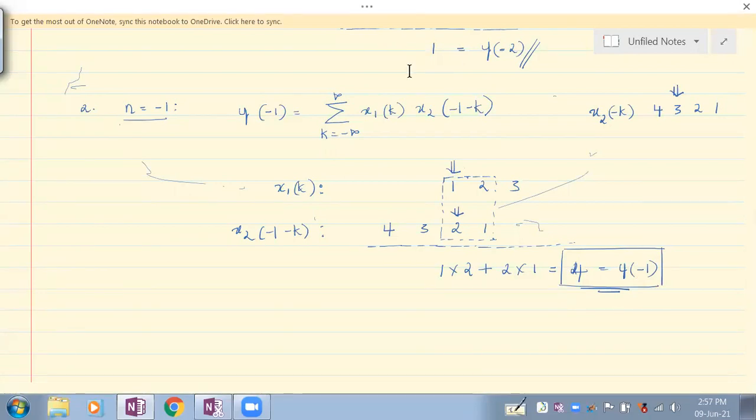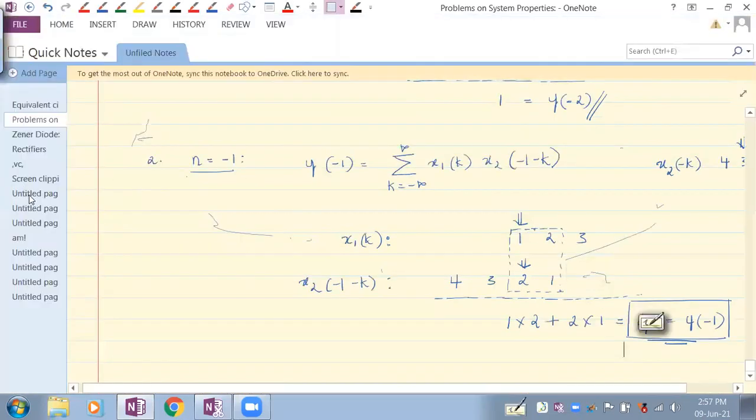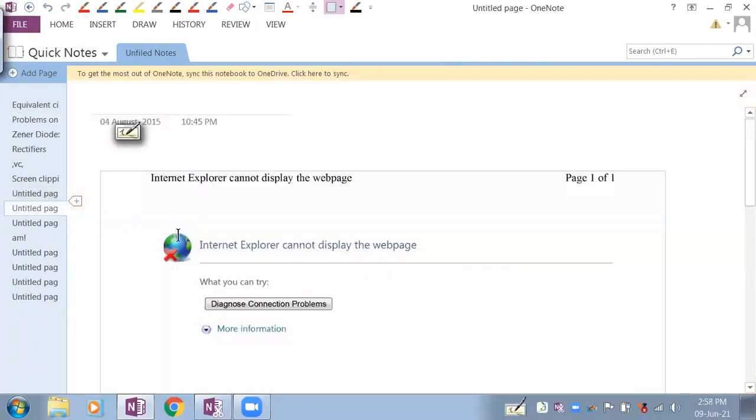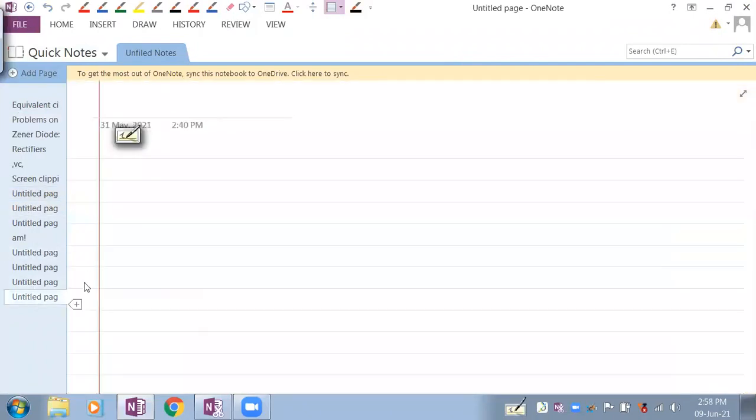Let's go with the 3rd sample. The 3rd sample is the n equal to 0 sample.